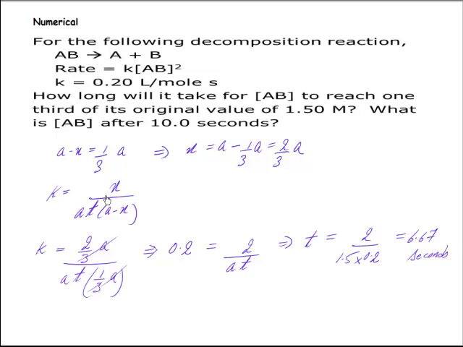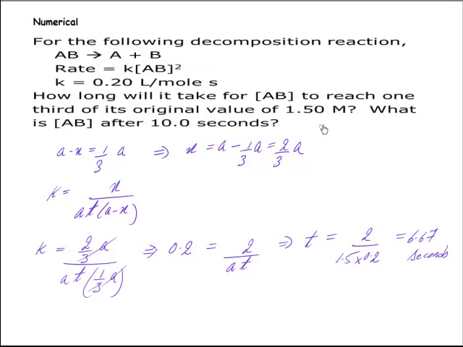The value of X is what we don't know. The value of A is 1.5 moles per liter and the time is 10 seconds.